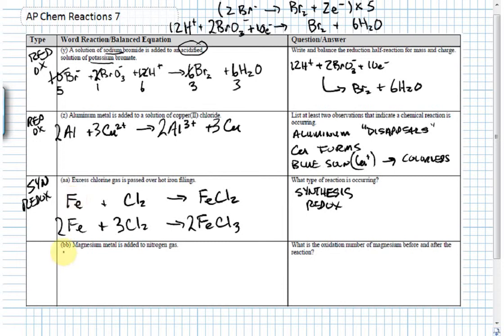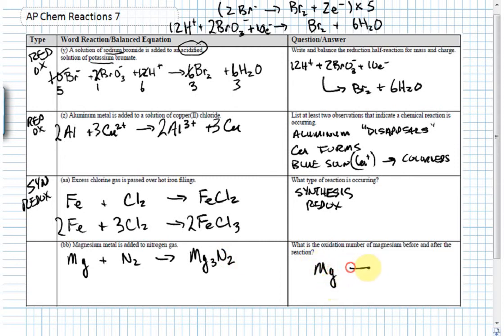Magnesium metal is added to nitrogen gas. All right, Mg plus N2 reacts to form an ionic compound. Magnesium is going to be plus 2. Nitrogen is going to be minus 3. So we're going to get Mg3N2, magnesium nitride. What is the oxidation of magnesium before or after?